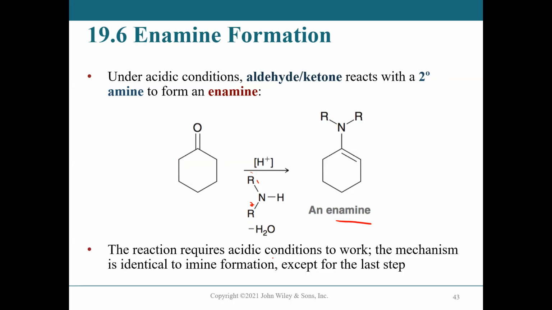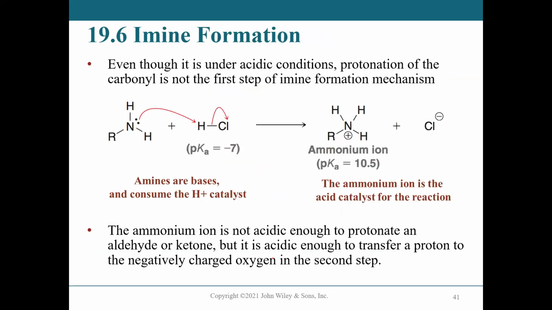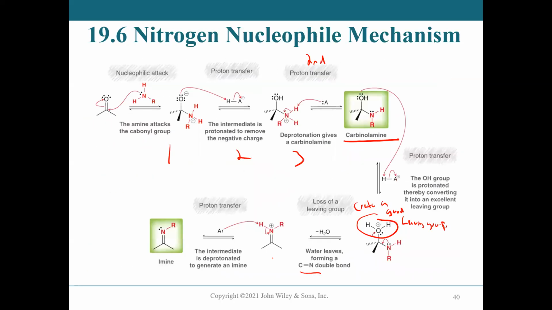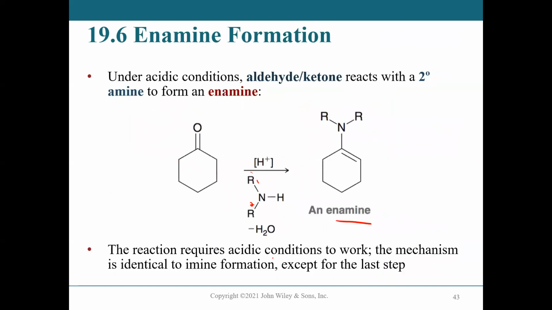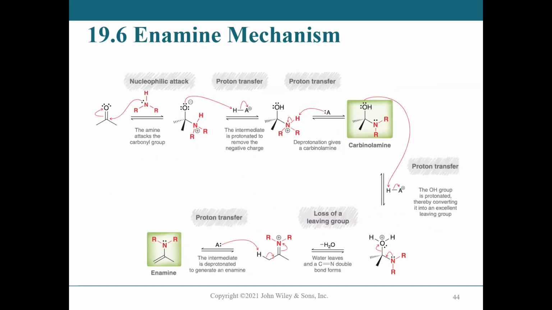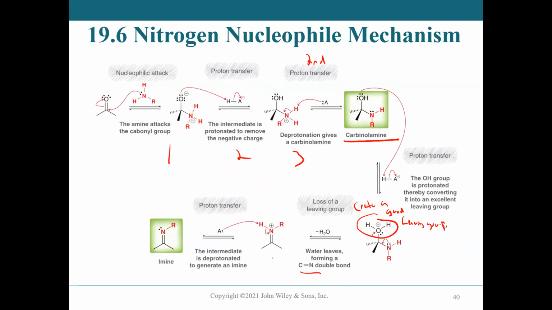So let's just take a look at the imine formation. It says it's the same except for the last step. For the last step, we had a proton transfer for the imine. So if you can just imagine, we go back here, just take a screenshot of this.